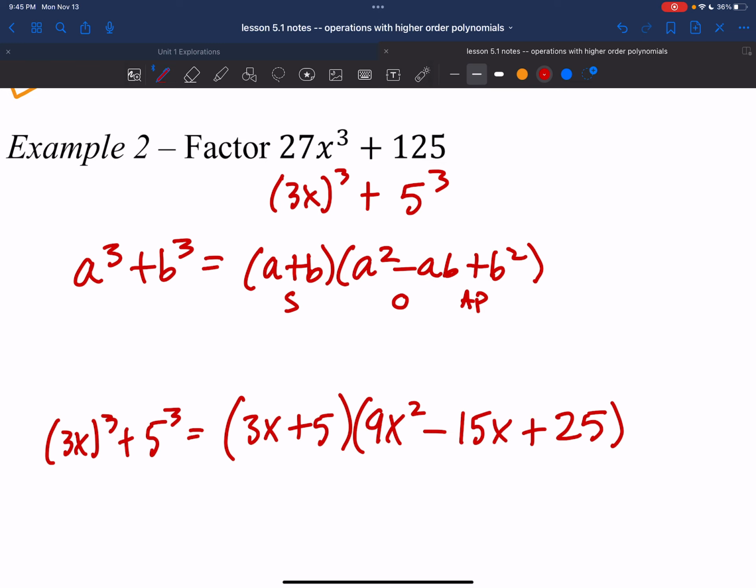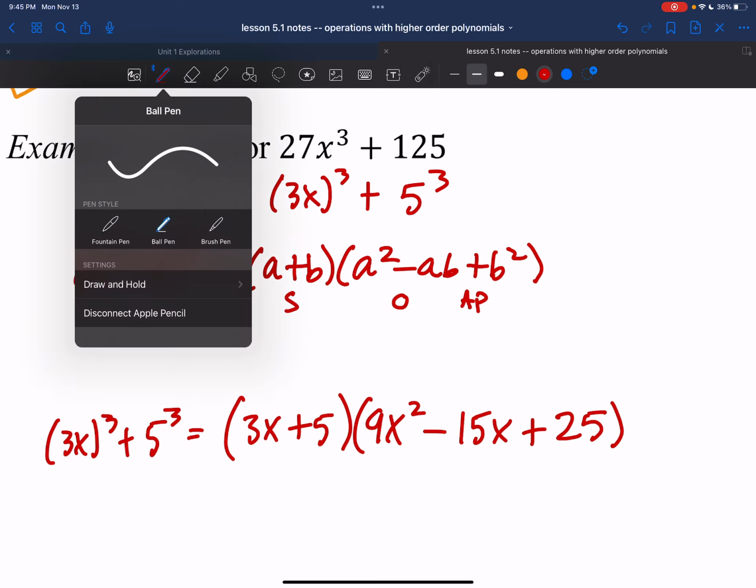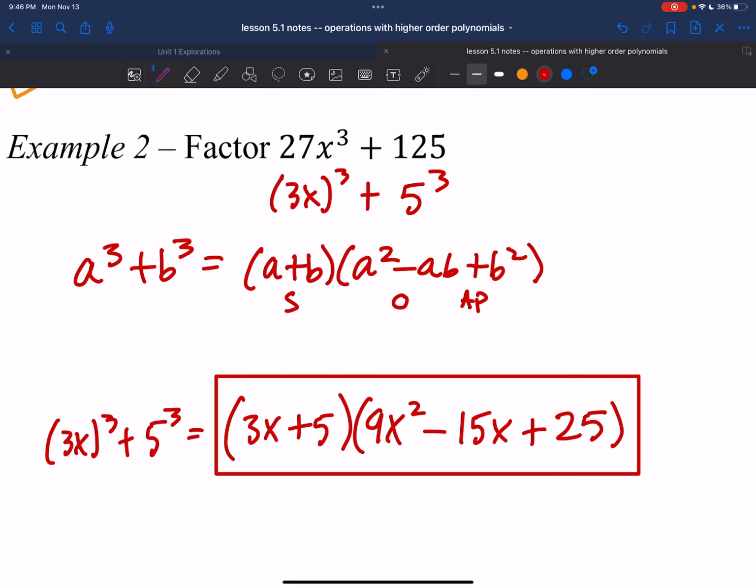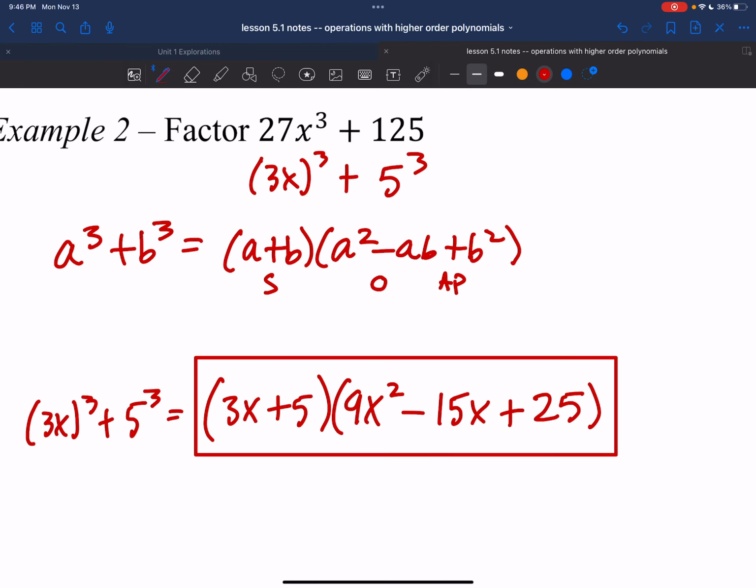Now, a quick note before I move on to the last few practice problems. It's always a linear times a quadratic. It always is, okay? It always factors that way. It's a linear times a quadratic.